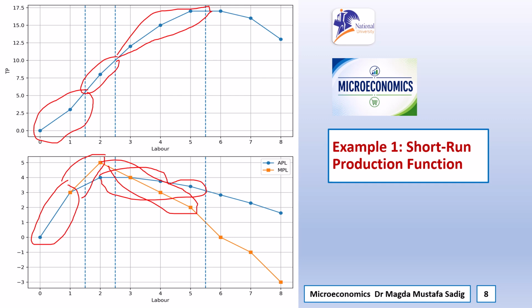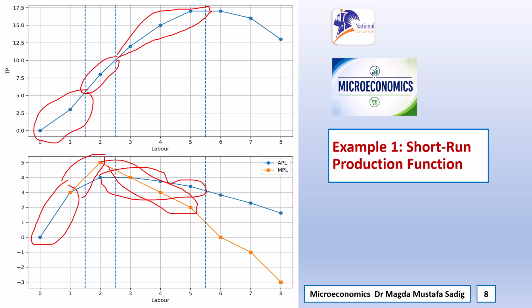Average product declines gradually, total product continues increasing. However, it increases at a slower rate. Marginal product remains positive, but decreases continuously. This is called the stage of diminishing returns.